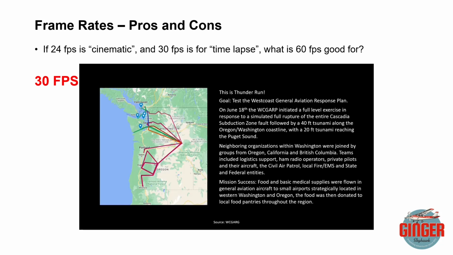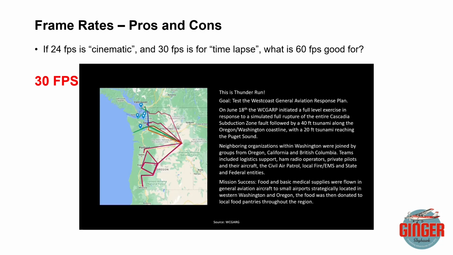I set the camera at 30, and it gives me really good resolution and really good pacing on the video itself. And it makes a great image if you're using it for time lapse. And then there's 60 frames per second, which is awesome. We'll talk about that in a second, but I want to give you an example of 30 frames per second.